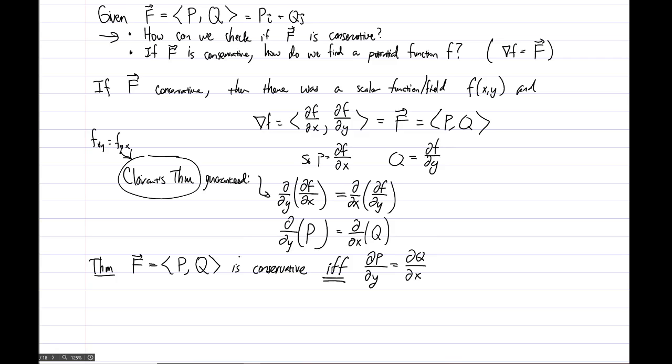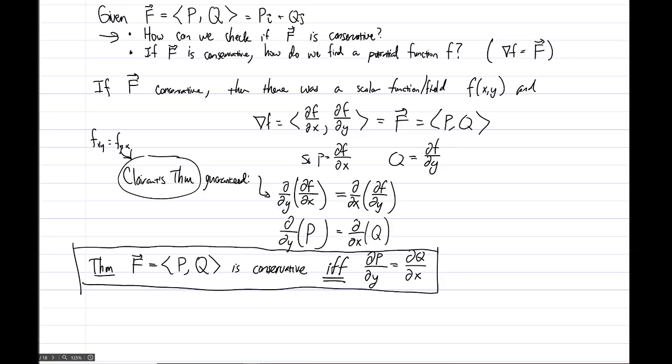So if you have a conservative vector field, this equation has to be true, and if this equation happens to be true, then you have a conservative vector field. That's the if and only if. This goes both ways. So let's now take this theorem and apply it so we can practice it on a couple of examples.